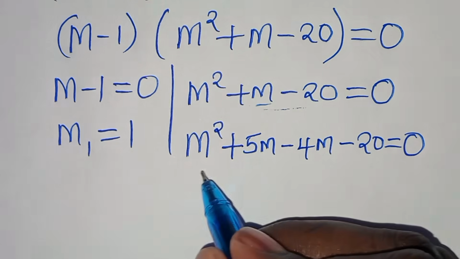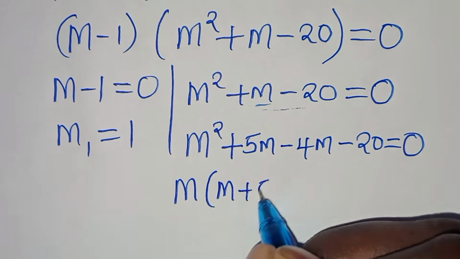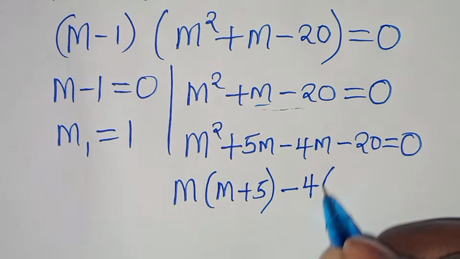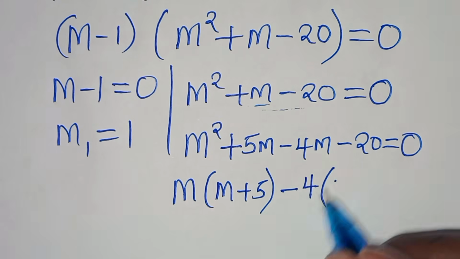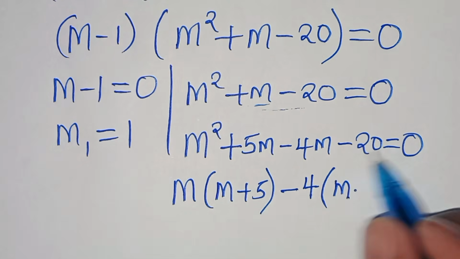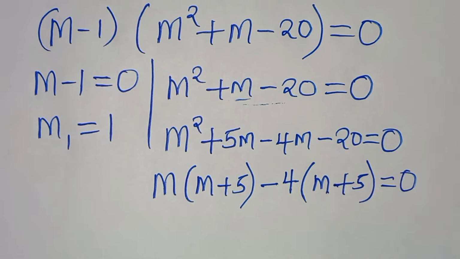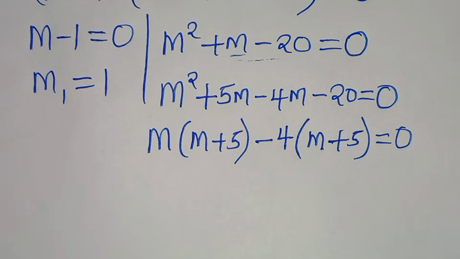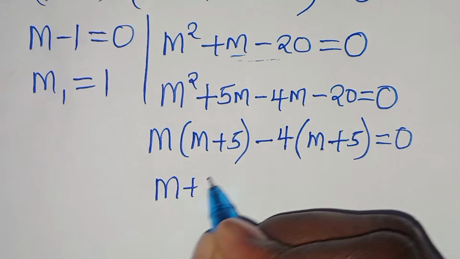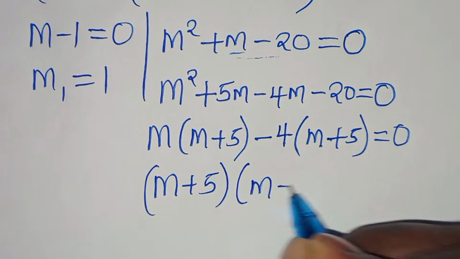So here we have m in the parentheses. We have m plus 5. Minus 4 is common here. We factor out 4. In the parentheses, we have 4m divided by 4, this is m. We have minus 20 divided by minus 4. This is plus 5. This is equal to 0. Which means that m plus 5 is common here. So we have m plus 5, and then we have m minus 4.